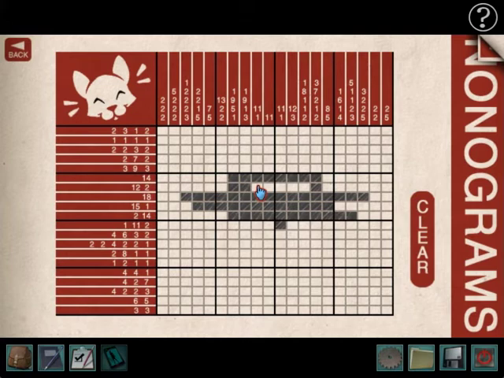Square by square, guys, we're getting it. This has to be part of that 11, no doubt. And this has to be part of the 11. 11 and 1, yeah, that has to be part of the 11. That has to be part of the 12. Okay, it's looking more and more like this is probably going to be all connected here. So, if this is an 8, like if this was just 1 and this is an 8, would that work? 8, 1, 1, no it wouldn't.